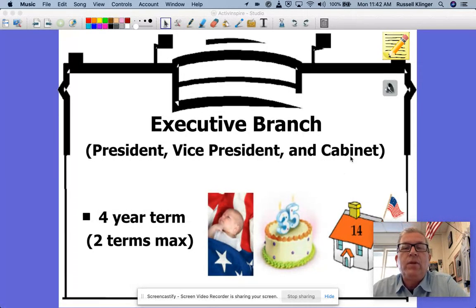And all of them collectively together are known as the executive branch. The president serves a 4-year term with a maximum of 2 terms. So a president can serve up to 8 years. Yeah, 8, sorry. I don't know where my camera is. 8 years.